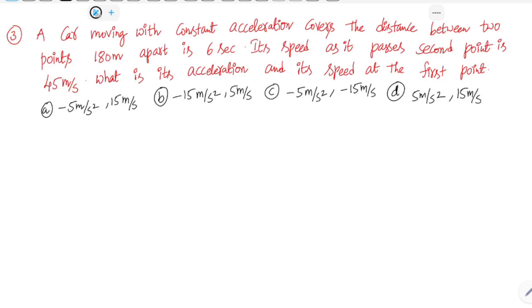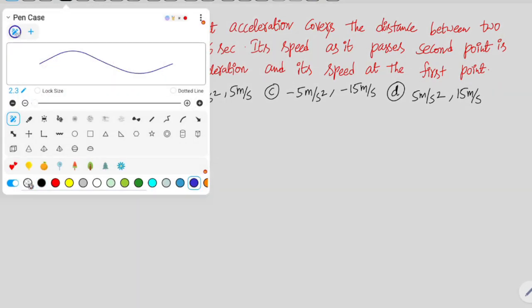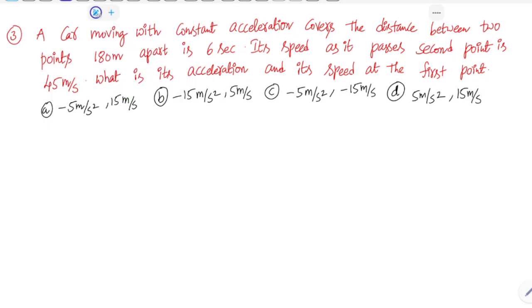To do this problem, we need two kinematic equations. The first kinematic equation is v square minus u square is equal to 2as, because the distance between the 2 points is given and one of the velocities is given. Therefore, I can substitute 45 in place of v, because its speed as it passes the second point is 45 meter per second.